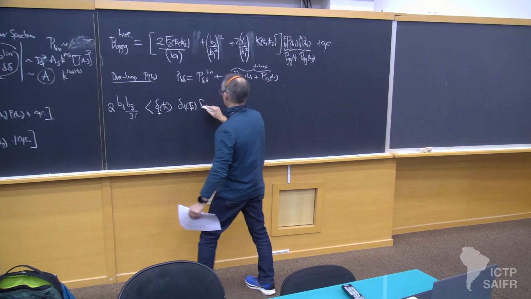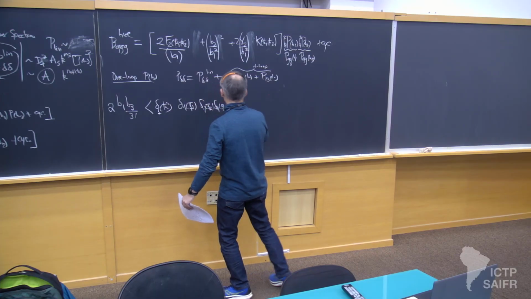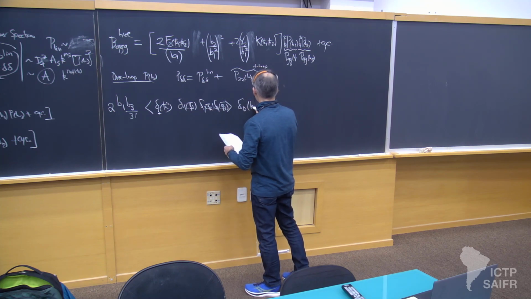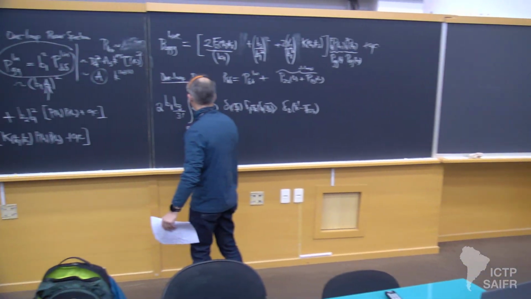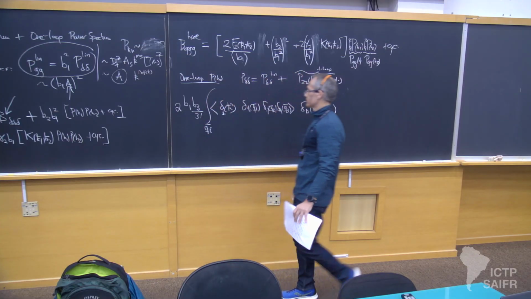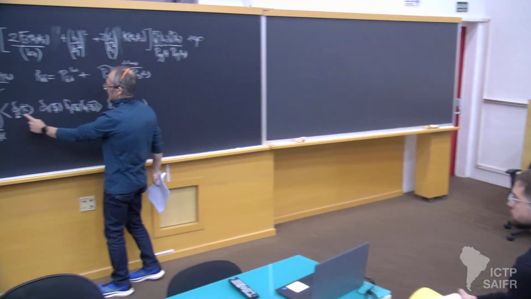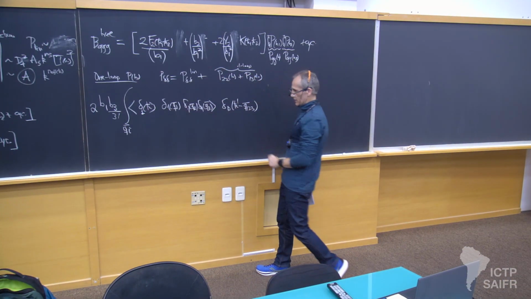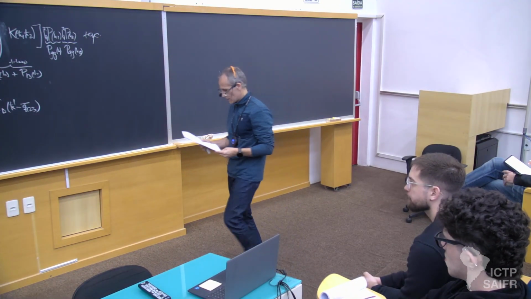So I have a delta 1 of Q1, sorry, delta 1 of Q2, delta 1 of Q3. And all these Q vectors have to add up to K prime. And now there is an integral here over all the Qs. So that's the 2-point function between delta linear at K1 and delta linear cubed at K prime. So that's just a convolution.